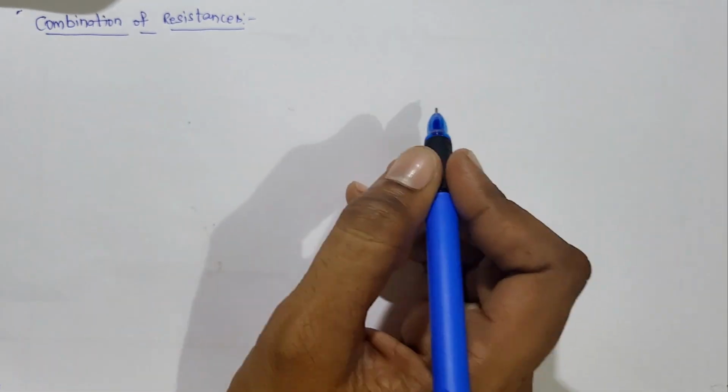So in this combination of resistances video, I am going to explain first the theory of combination of resistances: which formula to use, where to use, series connection, parallel connection. Thereafter I will take some small, very easy numericals of my own examples.